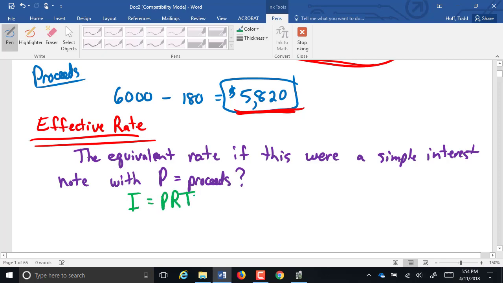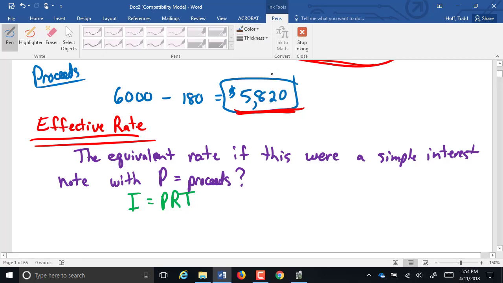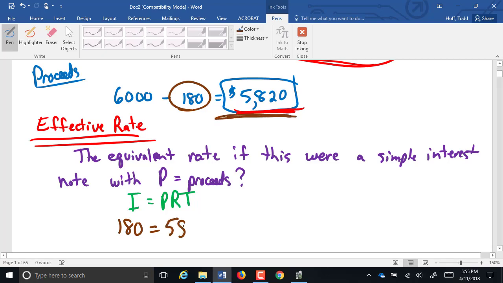So we're still going off of I equals PRT. But now we know the amount of interest is that discount of 180 bucks. We know the principal, we're not going to use the full 6,000 because we don't actually get the full 6,000. We're going to use the proceeds, $5,820. The rate is what we are looking for.